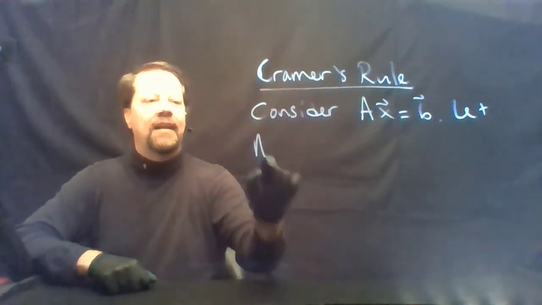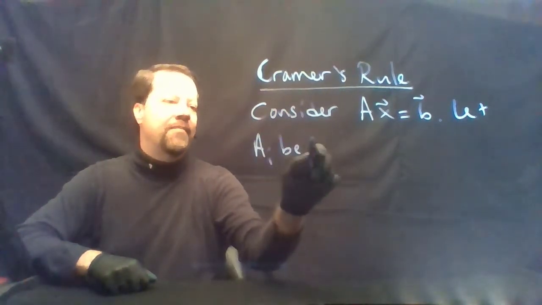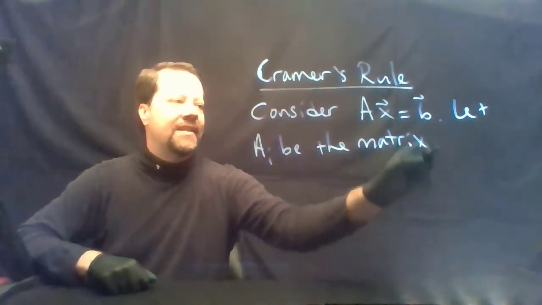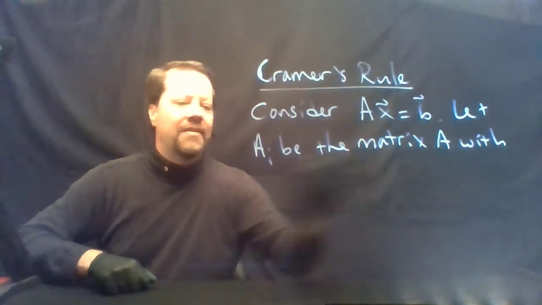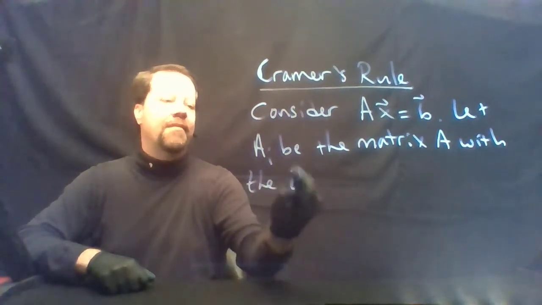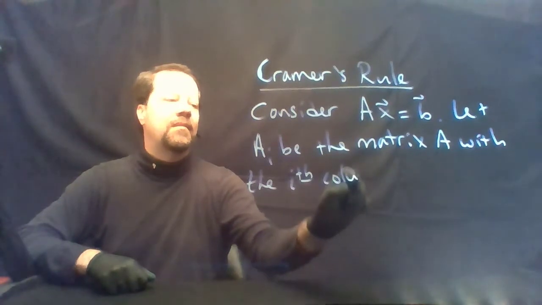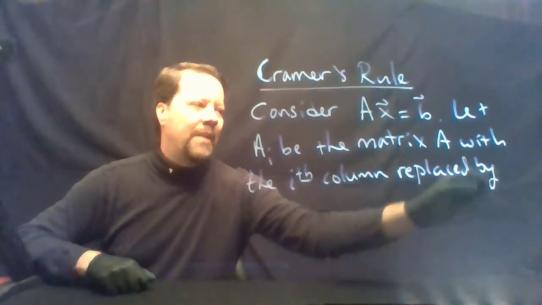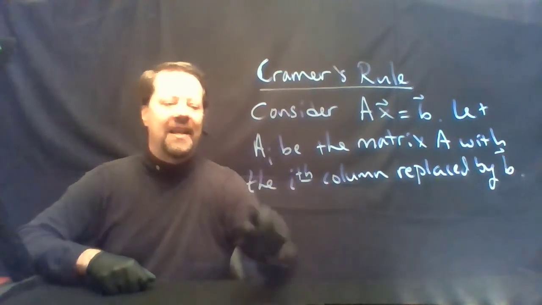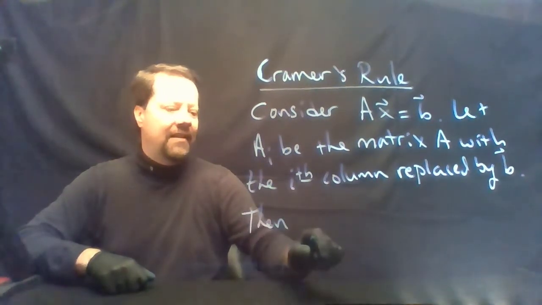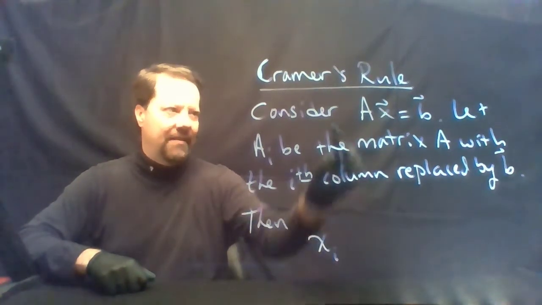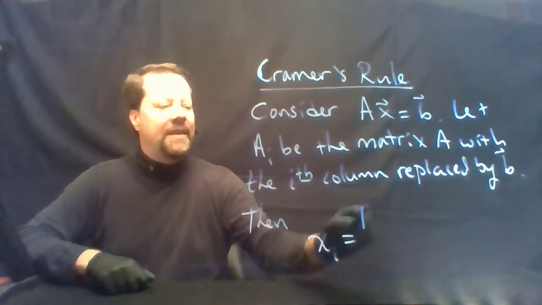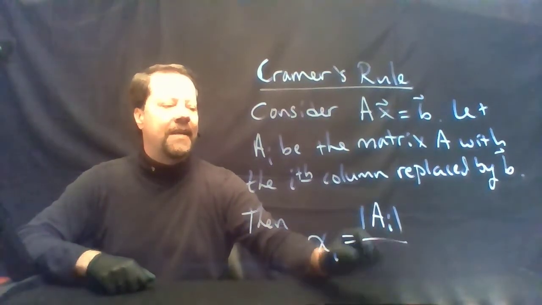Let A sub I be the matrix A with the ith column replaced by the right-hand side B. Then x sub I in this system, the ith coordinate of the solution, will be the determinant of A sub I divided by the determinant of A.